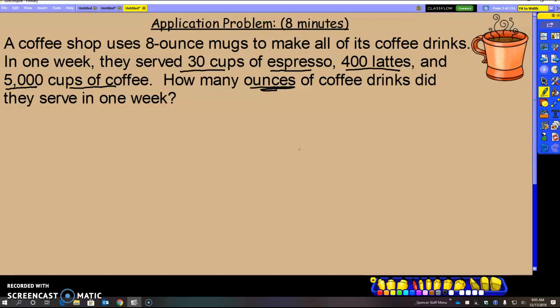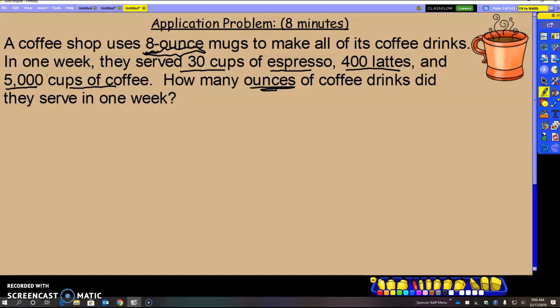All right, this is actually review. So if we think about what we're going to be doing here, you should be able to figure out that we have to first figure out how many cups in the whole week. Okay, so we're given cups of coffee right now, and we want them in ounces. So we want to know how many ounces of coffee those drinks make up.